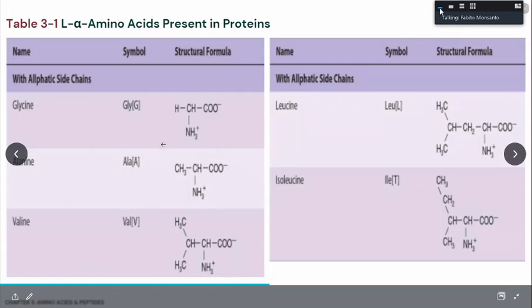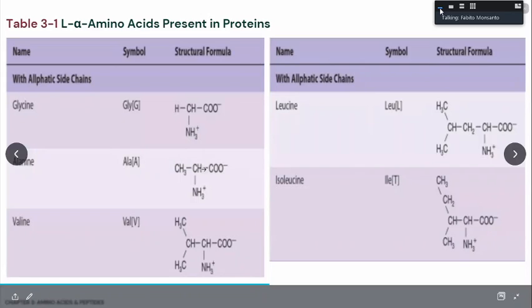Now going back to this, you will notice that the alpha carbon here has two hydrogens attached. While if you look at this carbon here, all the attachments of your carbon are different from each other. One is hydrogen here, this methyl group, this is the ammonium group, and this is the carboxyl group.